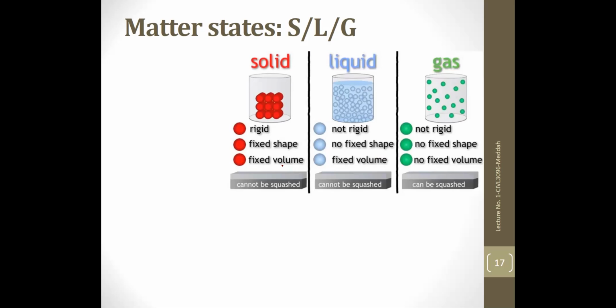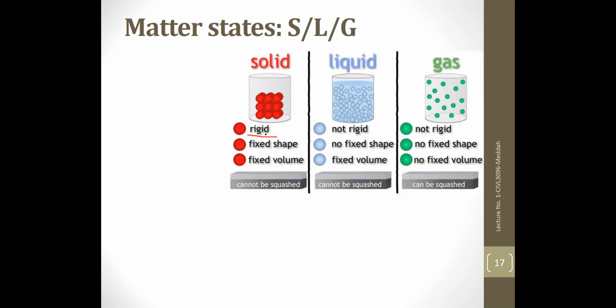So this is in terms of the physical state, but also in terms of properties, they will be different. Let's say the same material in solid state or liquid state or gas state, they have different properties.